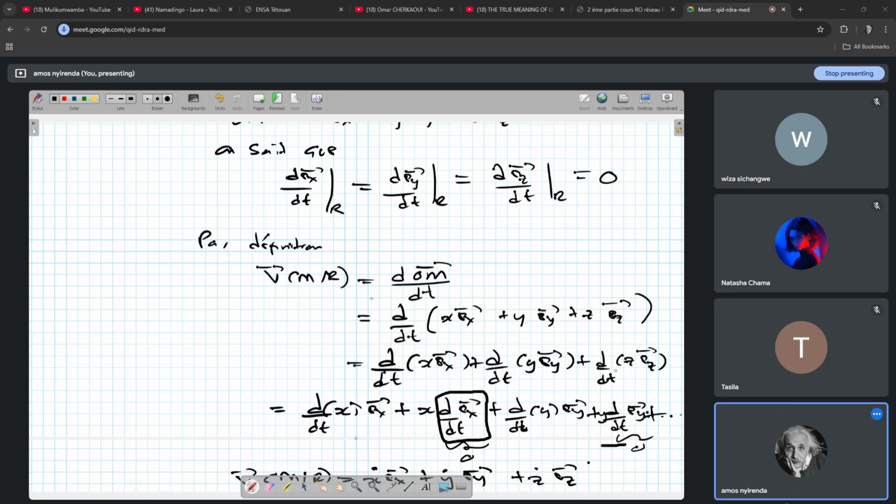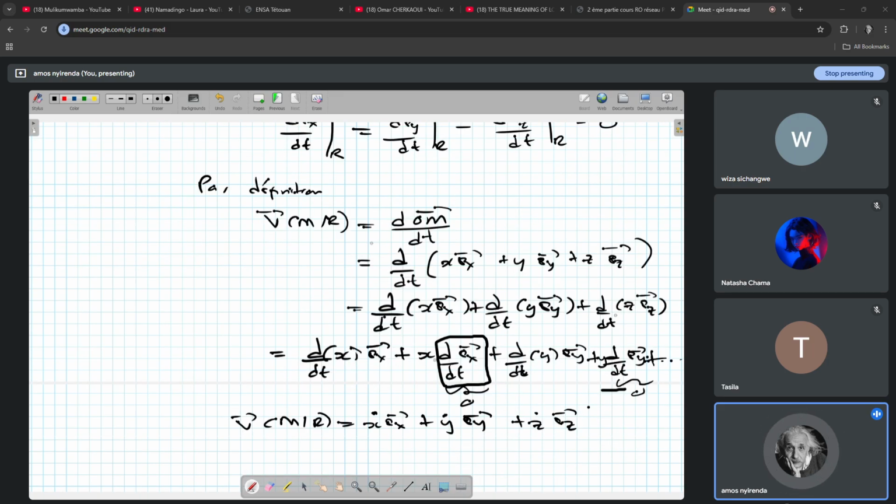Okay. Now that we eliminate these vectors, let's look at this quantity here. The derivative of x with respect to time is a time derivative. It depends on time. To show that we're taking the derivative with respect to time, we put a point on x.